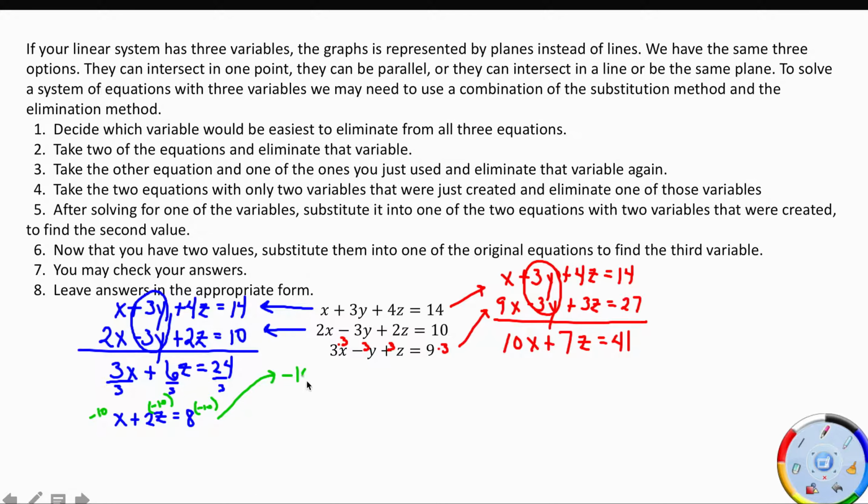Giving me negative 10x minus 20z equals negative 80, and add it to this equation of 10x plus 7z equals 41.